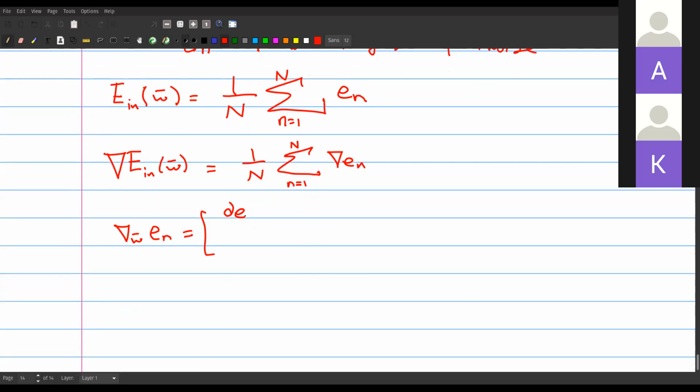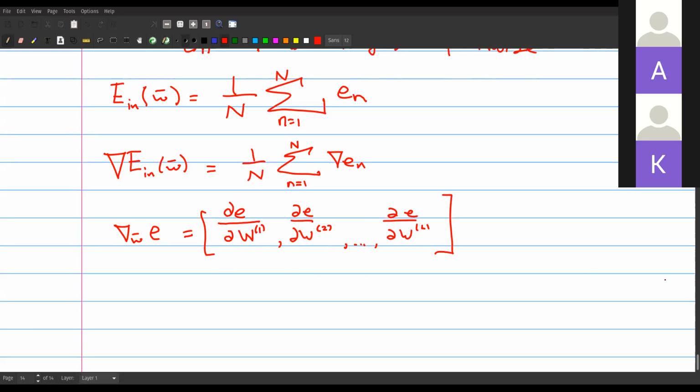I'm going to drop the subscript n here because it makes things a bit too busy. But this is just the pointwise error of some point. Those are supposed to be partial derivative symbols, not twos. They do tend to look like twos when I draw them, I'm sorry. So this will be the derivative with respect to the first weight matrix, this the derivative with respect to the second weight matrix, all the way out to the derivative with respect to the final transition matrix.